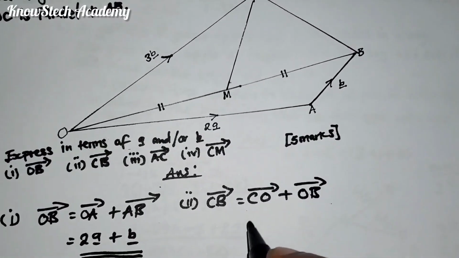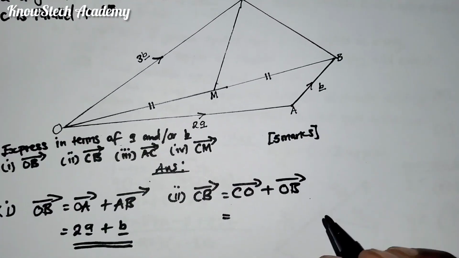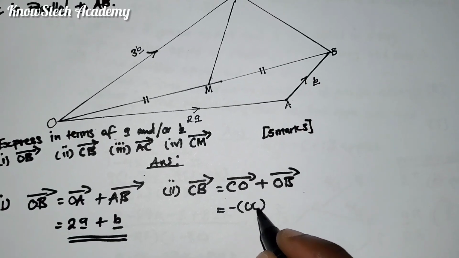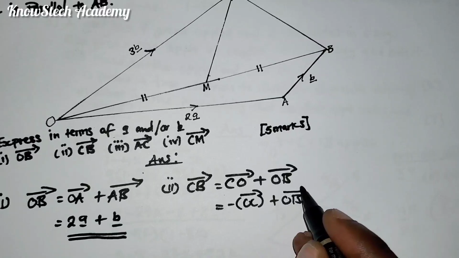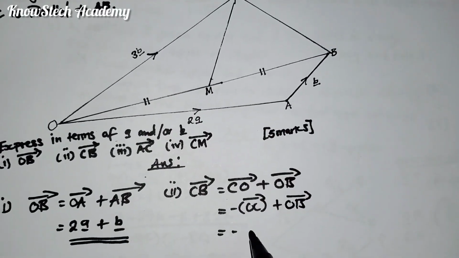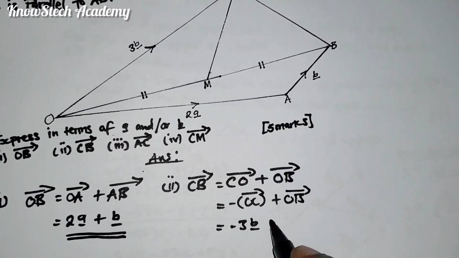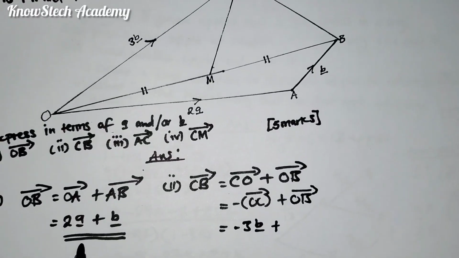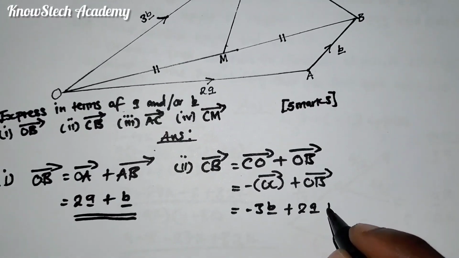Now CO, since it's the opposite vector, will be the negative of vector OC, plus vector OB. Since it's negative, it will be negative 3 vector B plus OB.